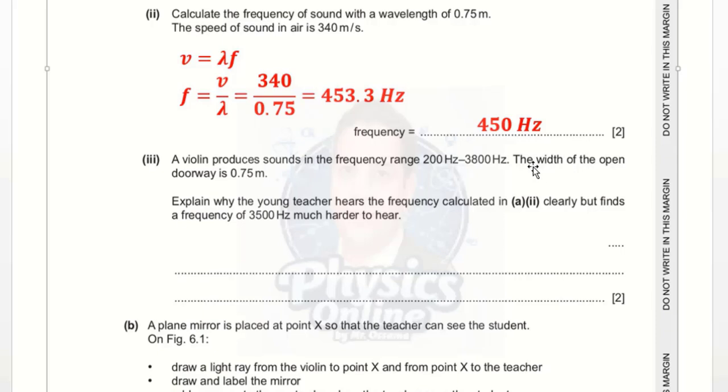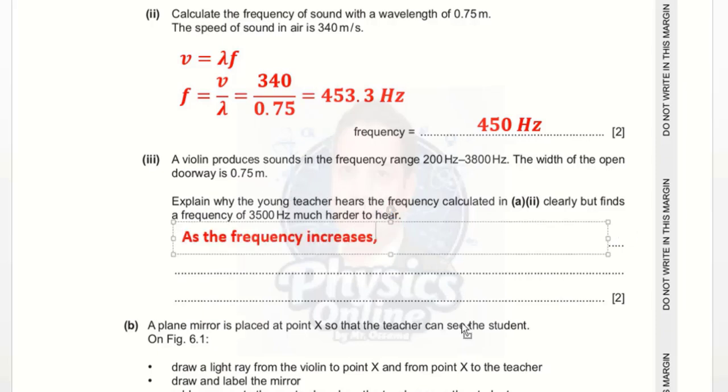So we will have the maximum diffraction, so he can hear this frequency clearly. But as the frequency increases to reach 3000, the wavelength decreases, it is harder to diffract, and diffraction becomes less.